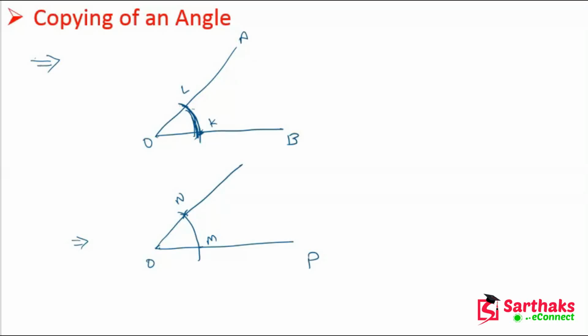Okay, my dear friends, this is a very easy and important topic, and you have to learn how to draw these angles. You have to practice these constructions so that you will become perfect. I hope you understand these things.